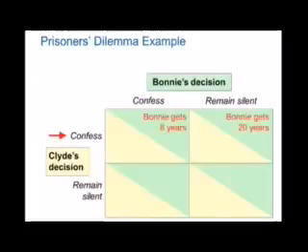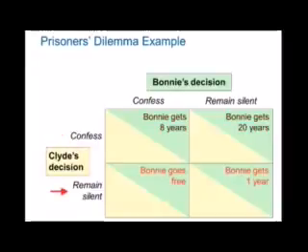So this is Clyde's decision, and that's Bonnie's decision. If Clyde confesses and Bonnie confesses, then Bonnie gets 8 years. If Bonnie remains silent, then Bonnie gets 20 years and Clyde goes scot-free.